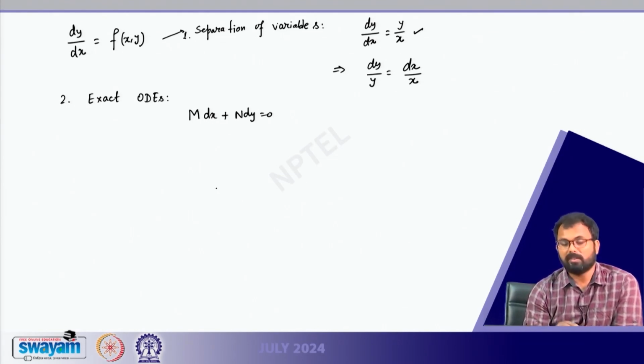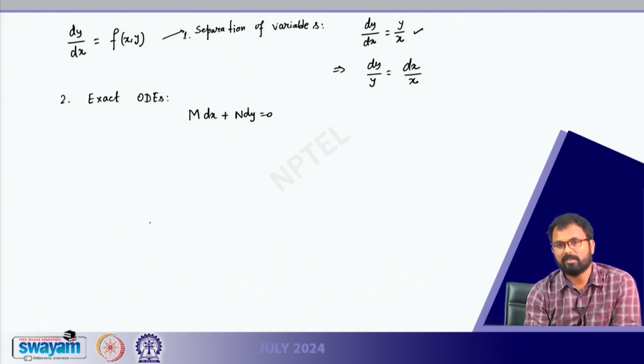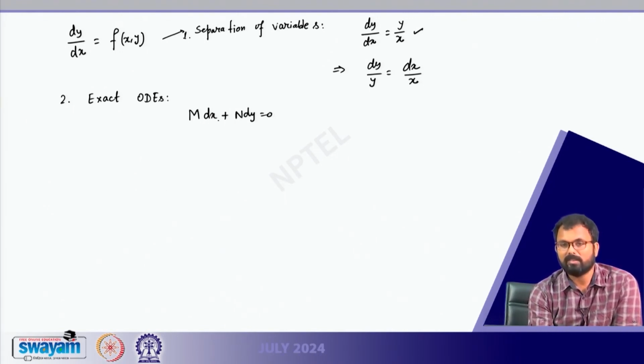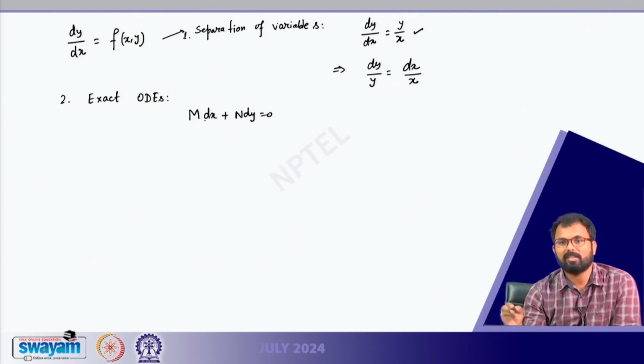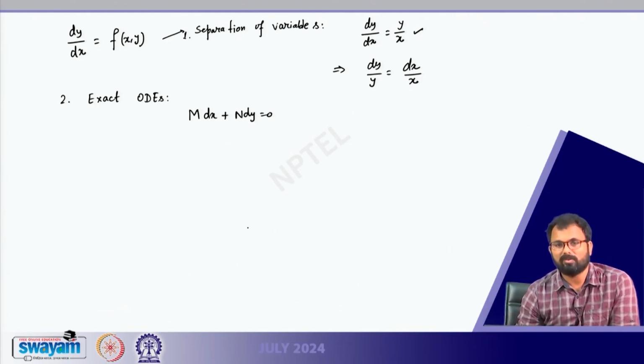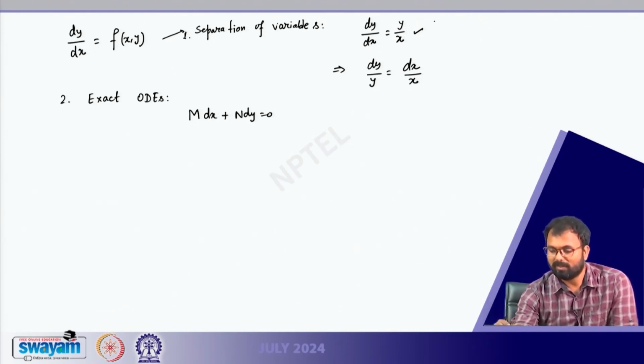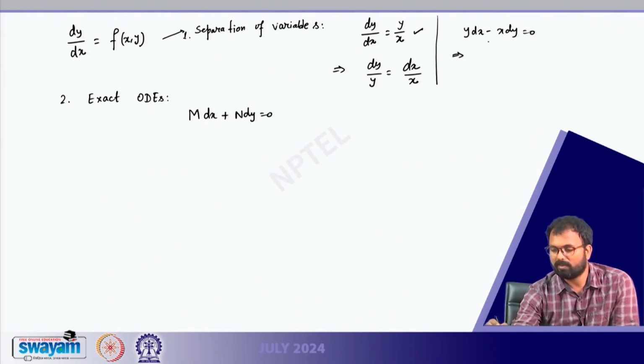Now, for this type of equation, how do we write the exact form? Exact in the sense that you should be able to write this equal to some d of psi, and then psi equals a constant will be the solution, right. So here also, for this particular example, if I do some side calculation, I will have y dx minus x dy, and then you can divide both sides by x squared.